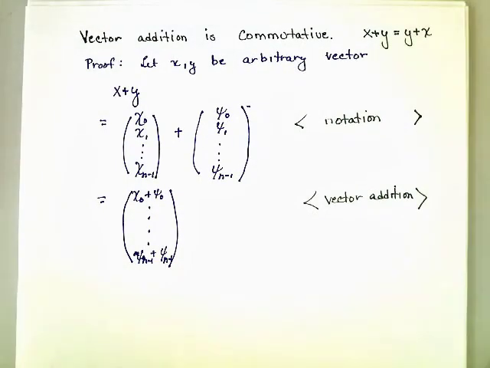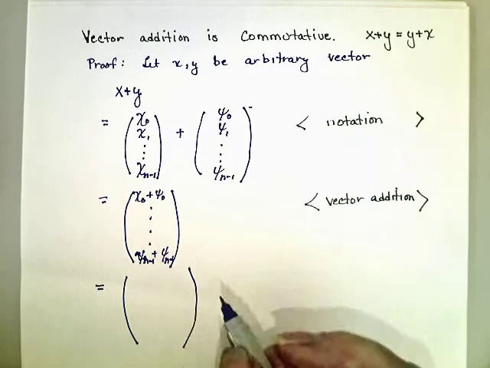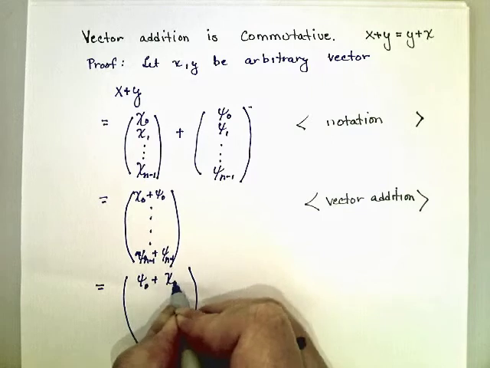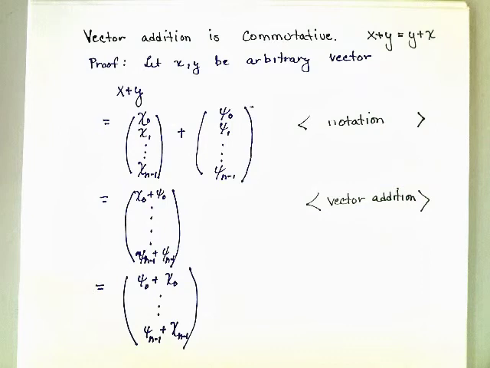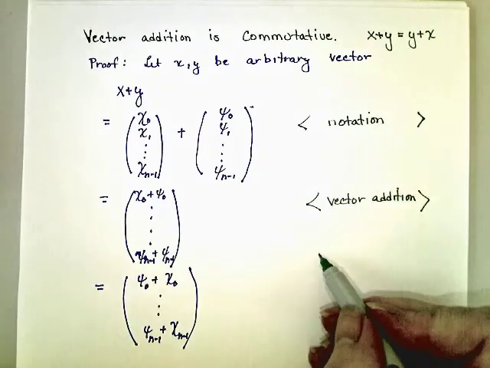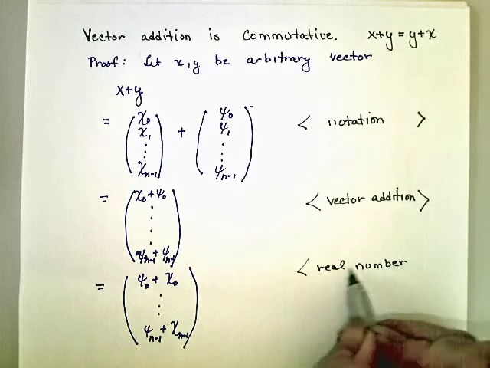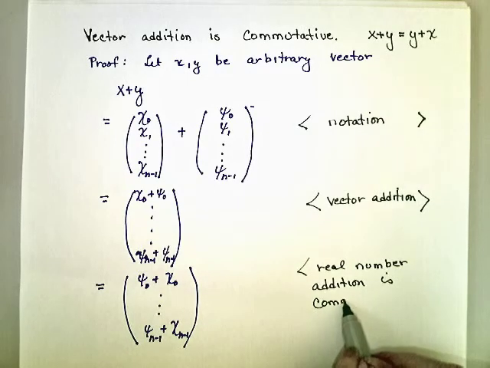So real number addition, we know, is commutative, which means that this vector is equivalent to the vector of size n whose components are psi 0 plus chi 0 and so forth, psi n minus 1 plus chi n minus 1, because real number addition is commutative.